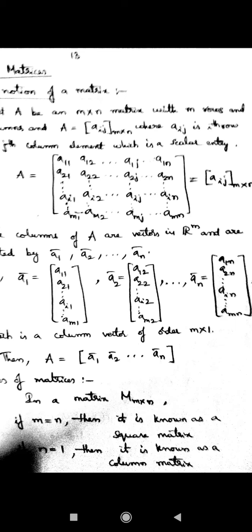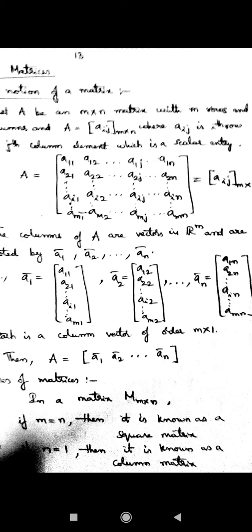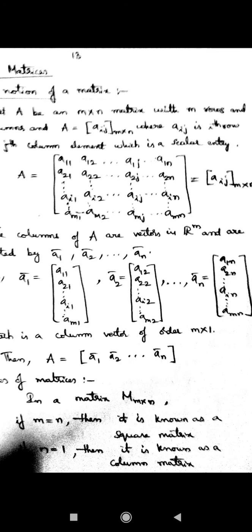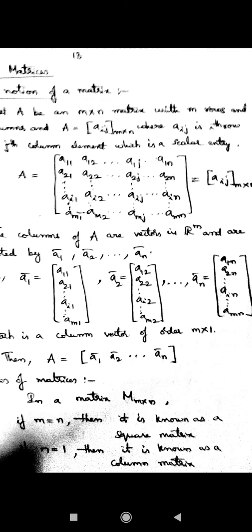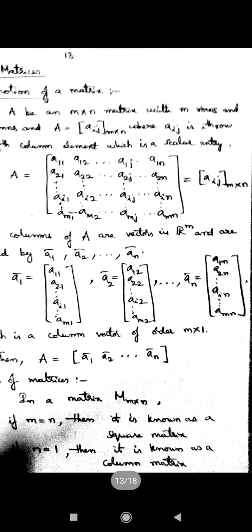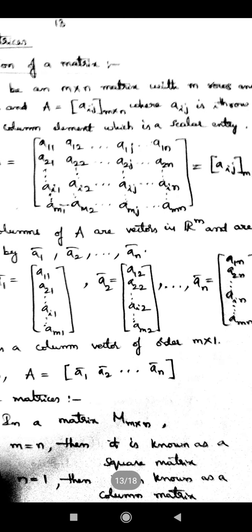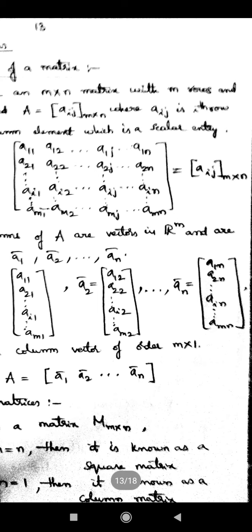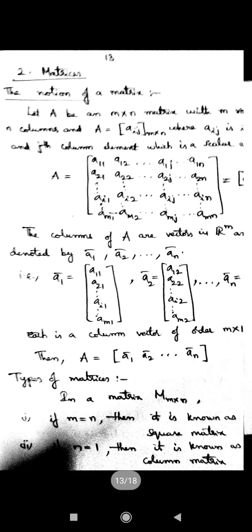So on, if I say Am1 in the last row, first element, then Am1 means mth row, the last row of the matrix A, and first column element. So in general, we can say that the ith row, jth column element can be represented as Aij, and the matrix itself can be written as Aij of order m by n, where i takes values from 1 to m and j takes values from 1 to n.